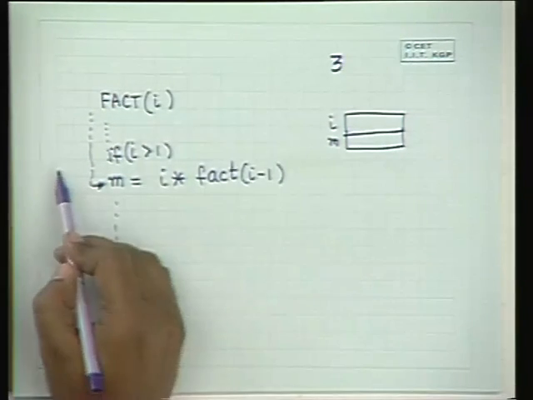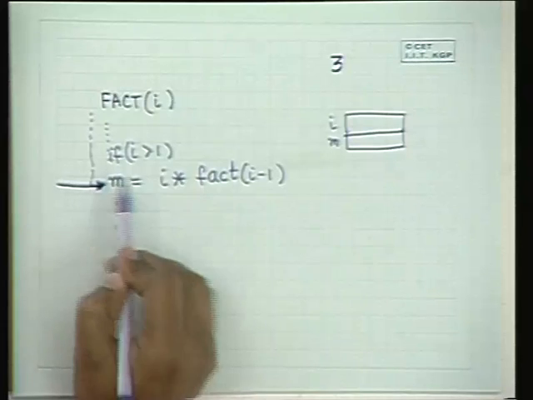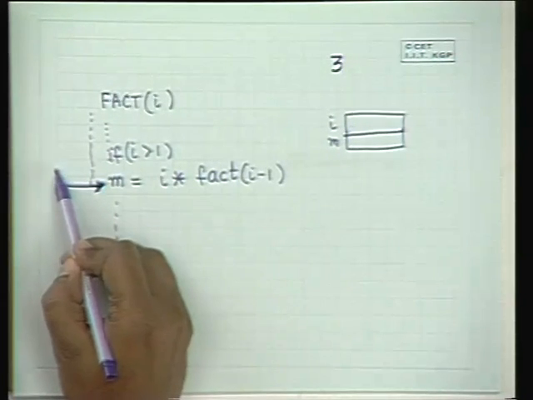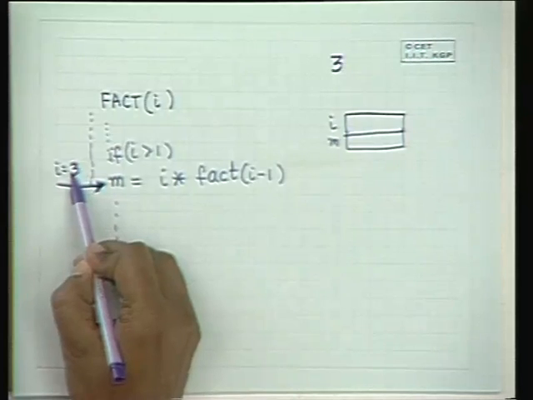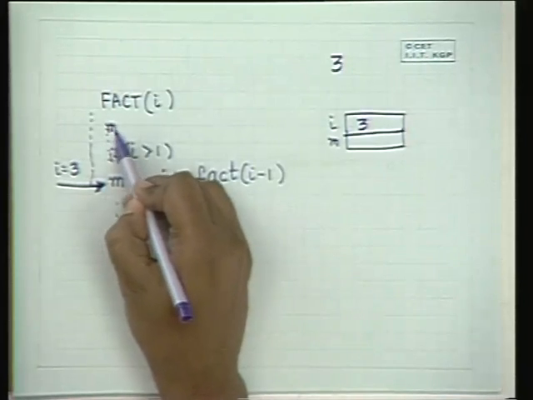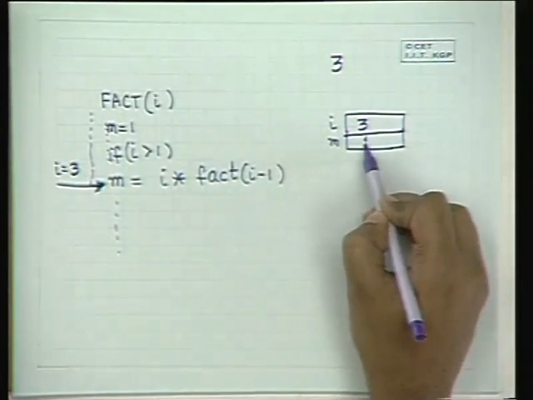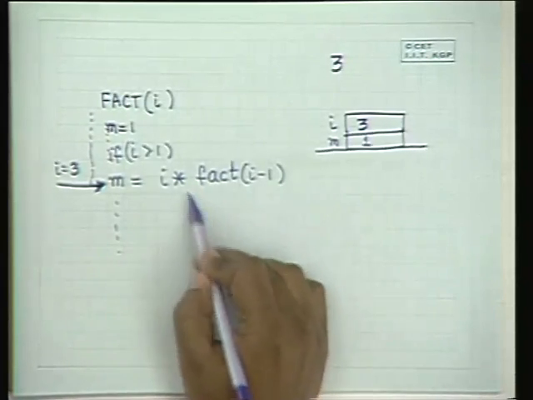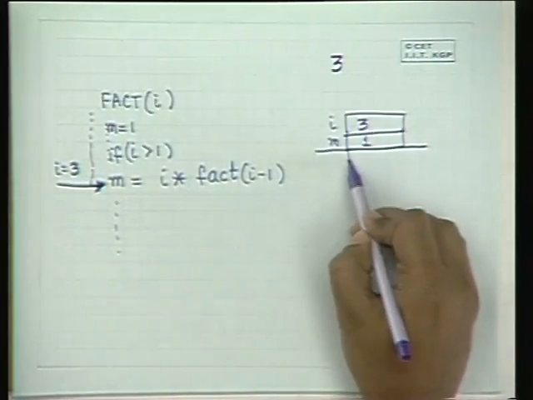So there is a pointer which waits here and calls it, and it is waiting for the return for the call when I is equal to 3. So here I is equal to 3, and m we had initialized to 1, so it was just 1. And at this point it calls fact with fact 2.